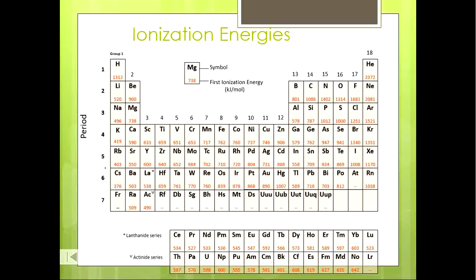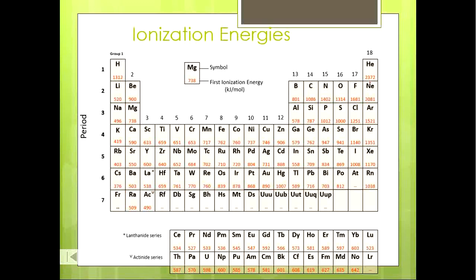Whereas as you go down the group, you can see that the numbers are generally decreasing, and so it's much easier to strip that electron away from cesium than it would be from hydrogen. And as you go across the period, you see that the general trend is that the value is increasing. Remember what we talked about with noble gases? It doesn't want to let those electrons go, right? And so it will take a lot of energy in order to strip the valence electron away.